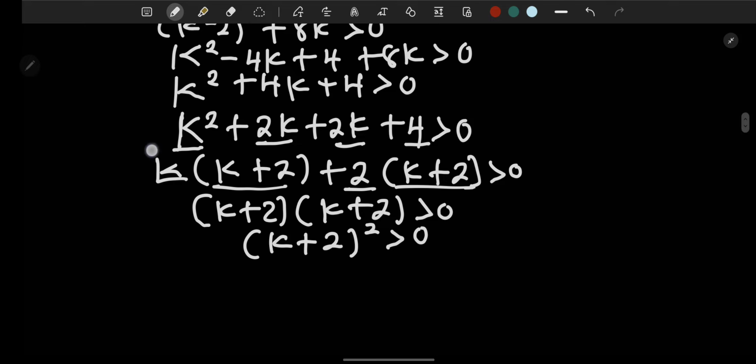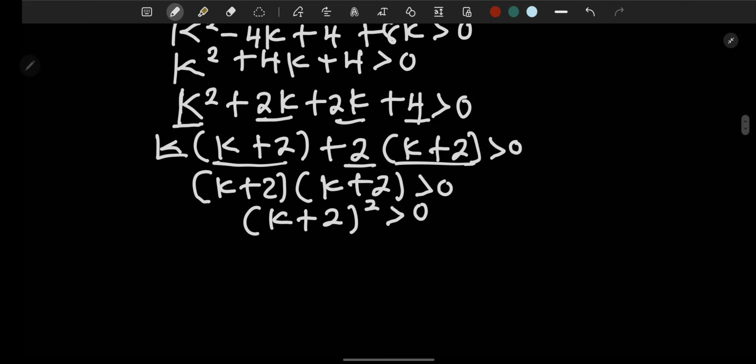Since we are to prove that the roots of the equation are real for all values of k, remember we are given that the condition here is real and distinct.